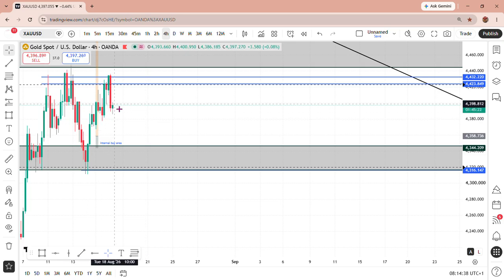Now we are waiting for the pullback, but they have to buy again and pull back into either this zone or this zone again for us to be able to continue selling down to this zone, because they are in range. I feel they will range till this week finishes, because I'm not sure there is any important news.